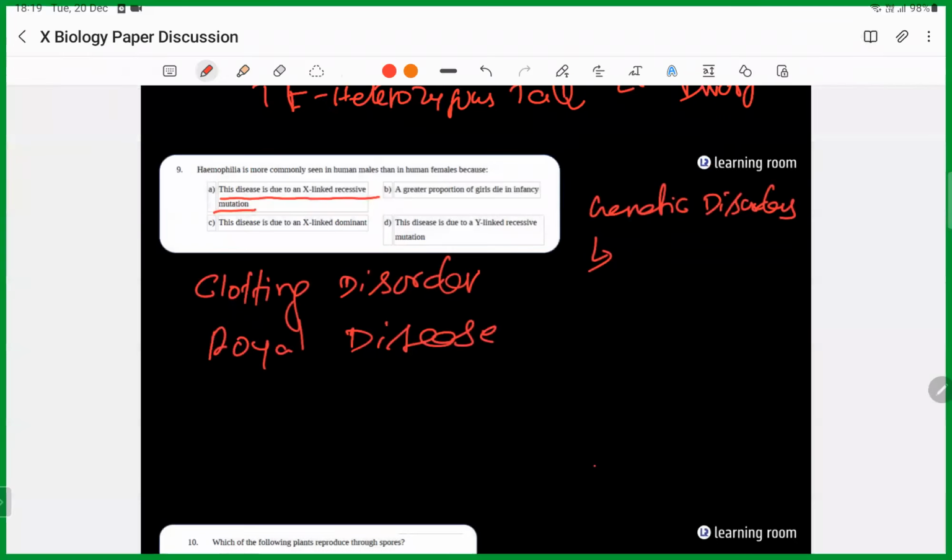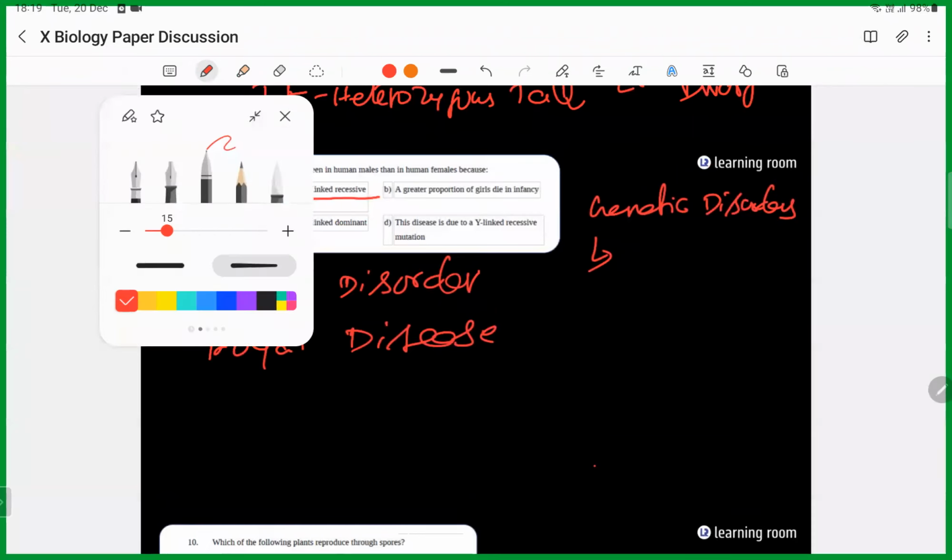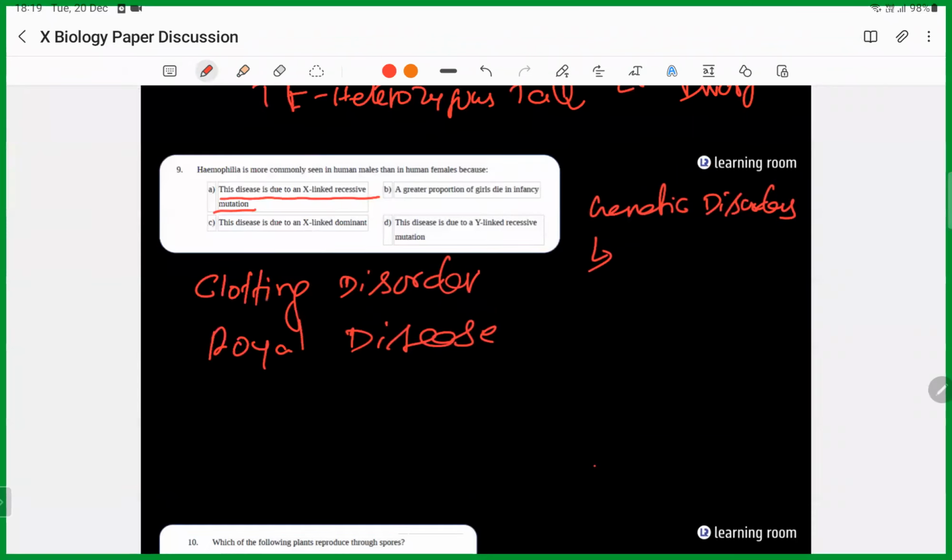They are also called Mendelian disorders, like hemophilia, thalassemia, all these things.